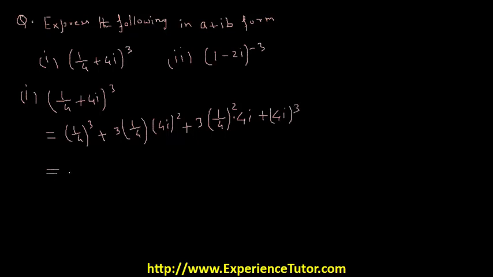So we can write it as 1 upon 64 plus 12i plus 3 by 4 i square minus 64 i cube.